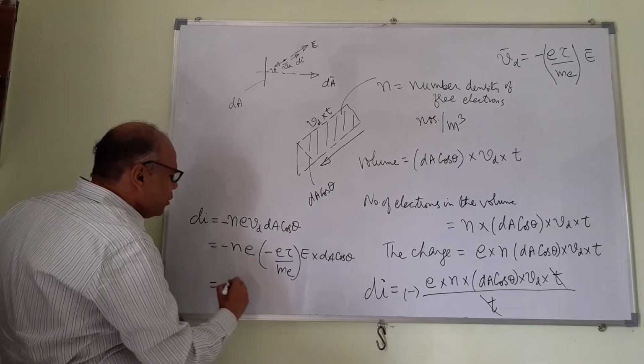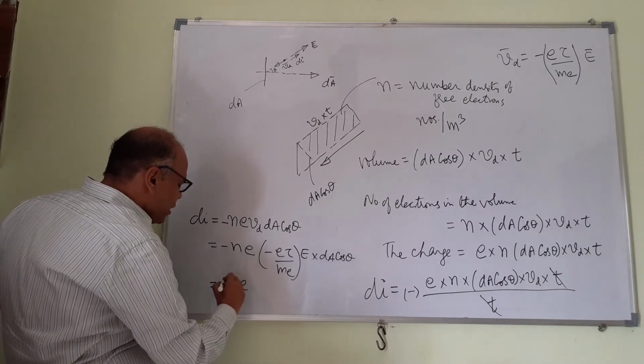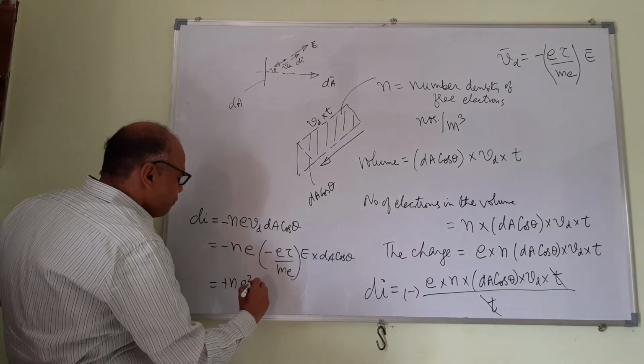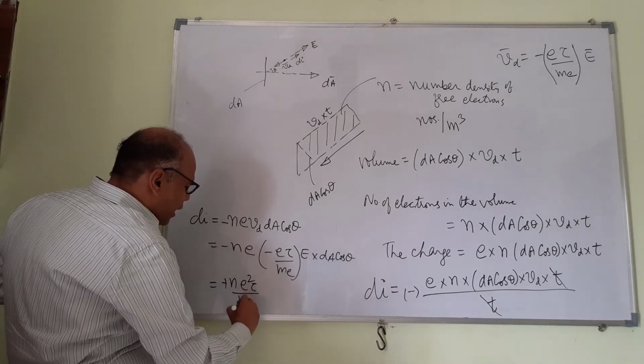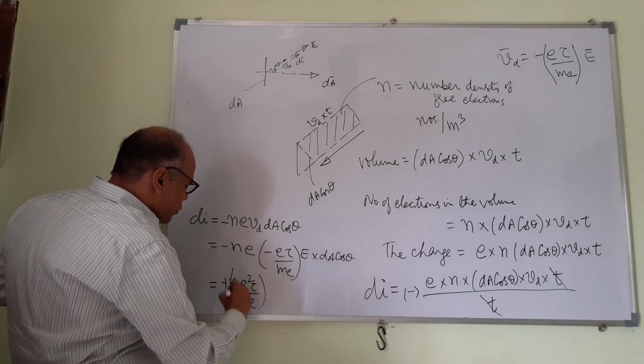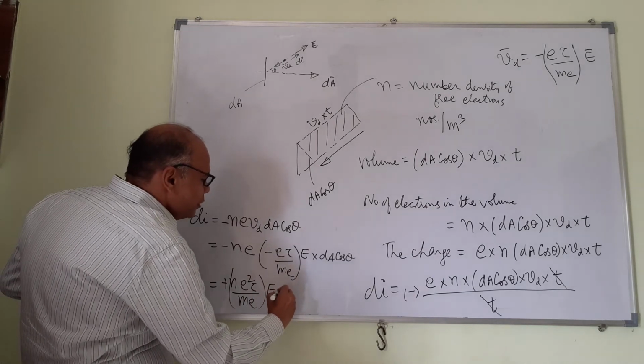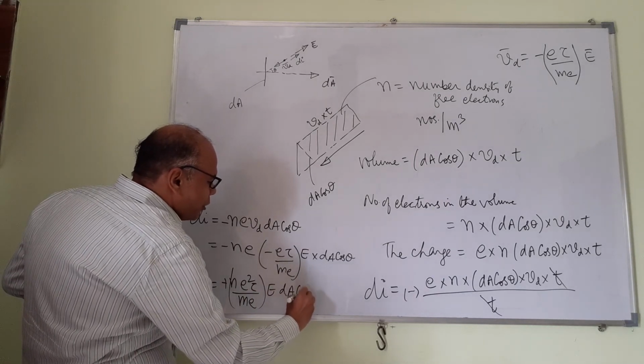So this is going to be plus N E squared tau by Me into E dA cos theta.